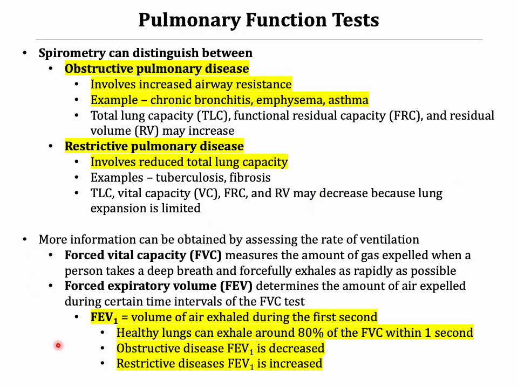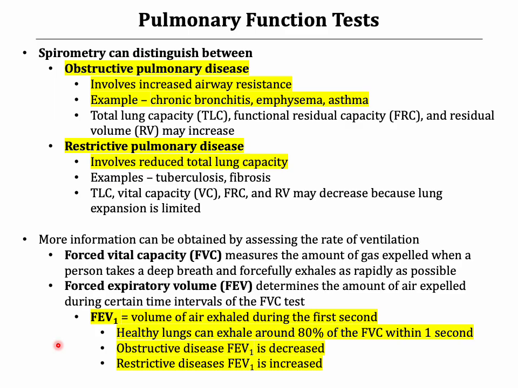Then down below here, talking a little bit more about something called the forced expiratory volume. I didn't mention that one on the previous page, but the forced expiratory volume, or the FEV1, is representing the volume of air exhaled during your first second of exhaling.